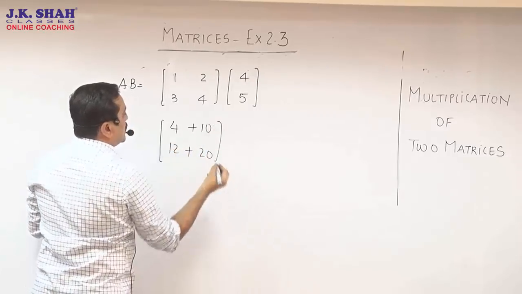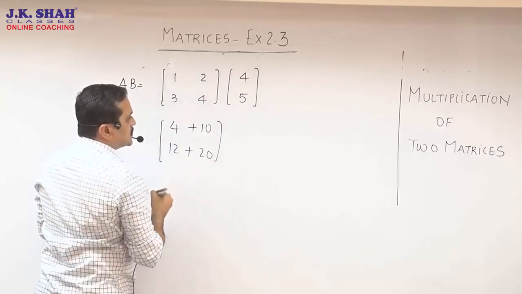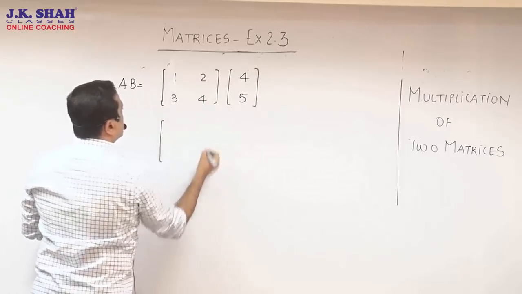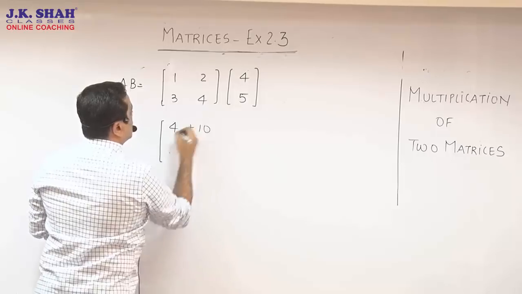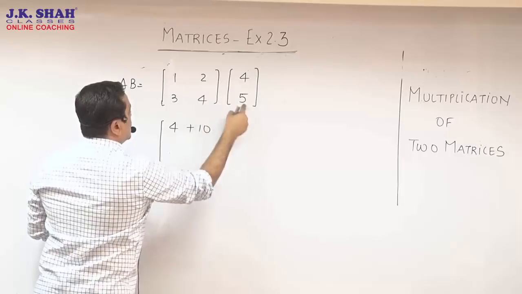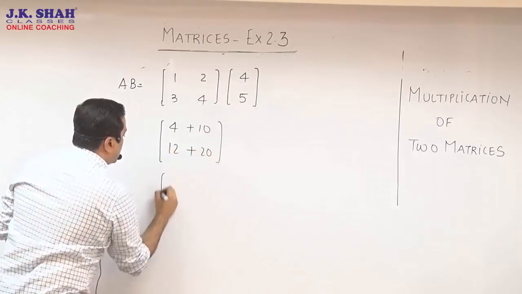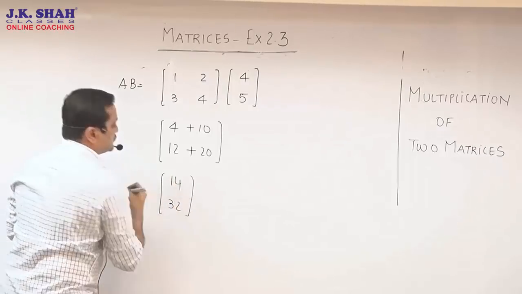When you are going for R into C, you need to multiply the corresponding elements and add the elements. So one more time, quick. R1, C1. So 4 plus 10. R2, C1. So it's 12 plus 20. Multiply and add. So finally my matrix is going to be 14 and 32.